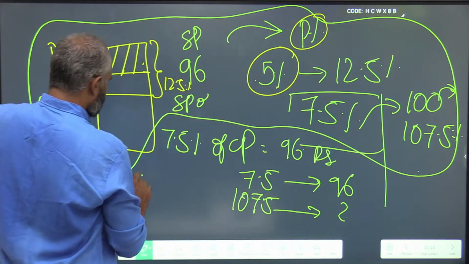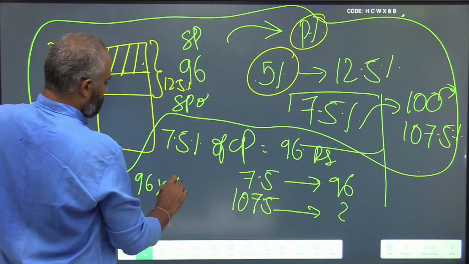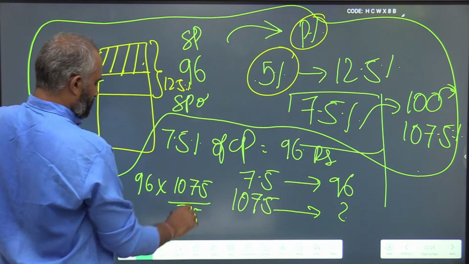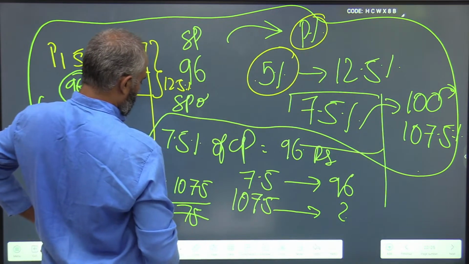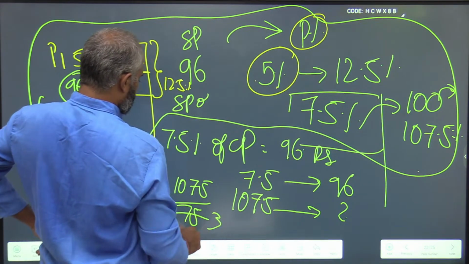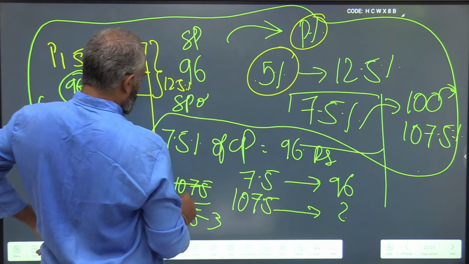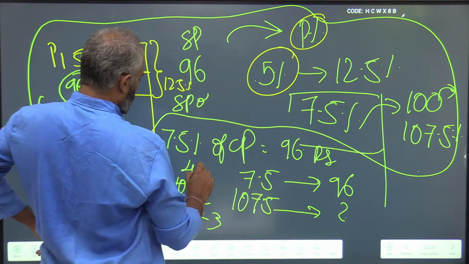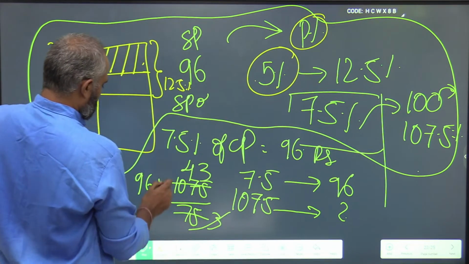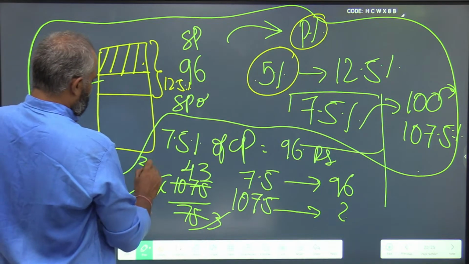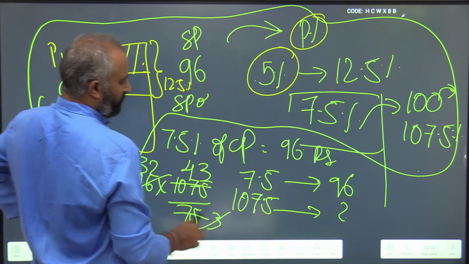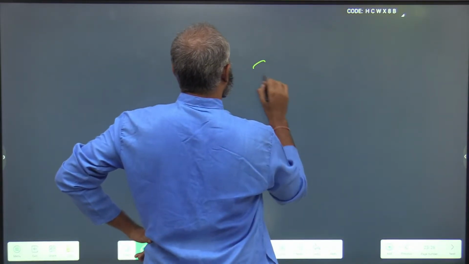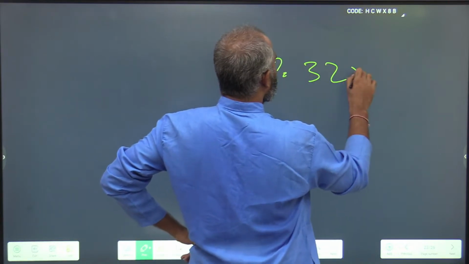So if you calculate this, 96 into 107.5 by 7.5, I am removing the dot, so 1075 by 75. 25 goes in, right? 25 threes are 75, and 25 fours are 100. So this is 32 into 43. Your selling price that he has asked for is 32 into 43.